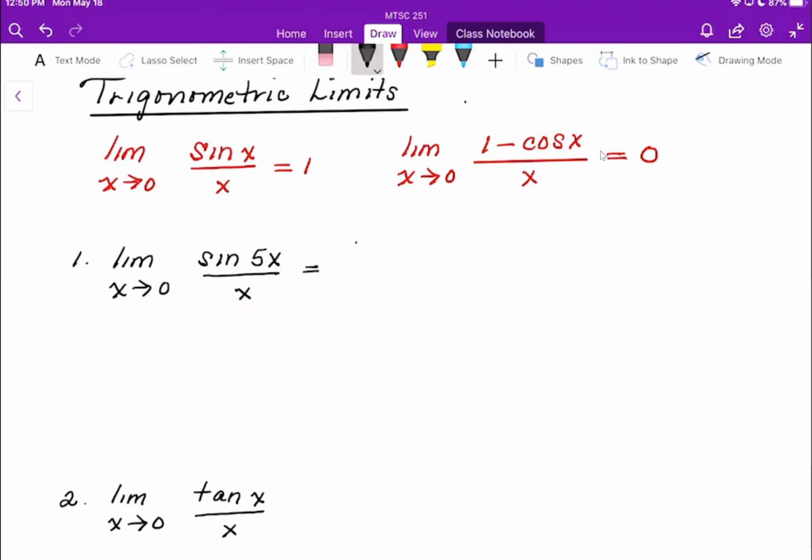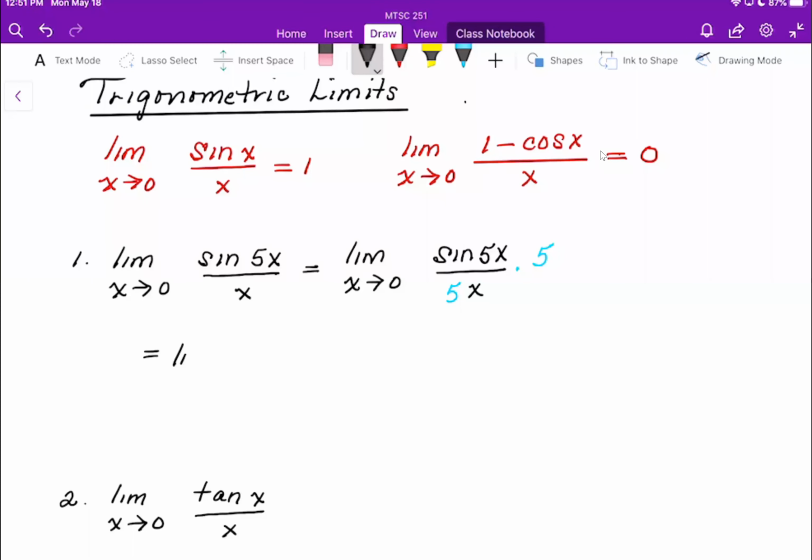So I can write this as the limit as x approaches 0 of the sine of 5x divided by x, and I can multiply by 5, so I can put the 5 here in the denominator, and I can put 5 in the numerator. So essentially I've multiplied by 1.